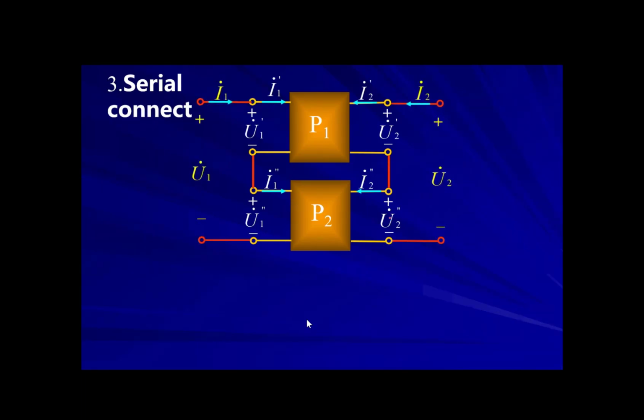This is serial. Serial means the same current. So this I1 flow in, will flow out, and flow in, flow out again. The same current. This I2 flow in, flow out, flow in, flow out again. So this is a serial connect. Serial connect will have the same current.